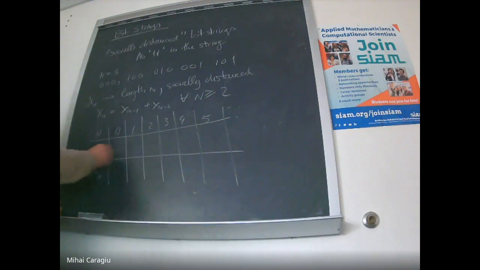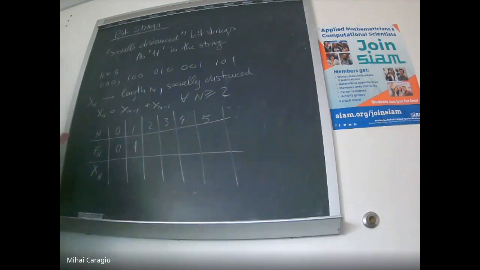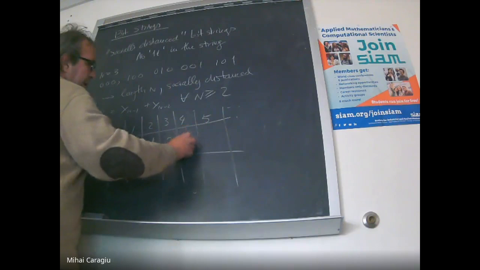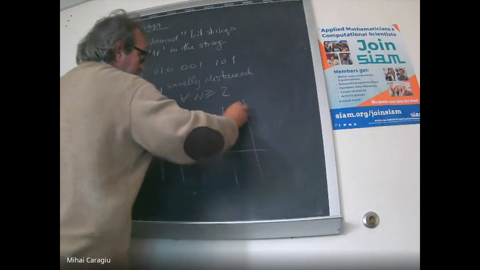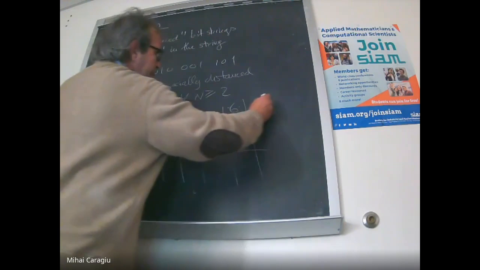Fibonacci numbers: F_0 is 0, F_1 is 1, that's by definition. And then every Fibonacci number is the sum of the two previous ones. So we get 1 here, 2 here, 3, 5, and one more column, we get an 8, and so on.